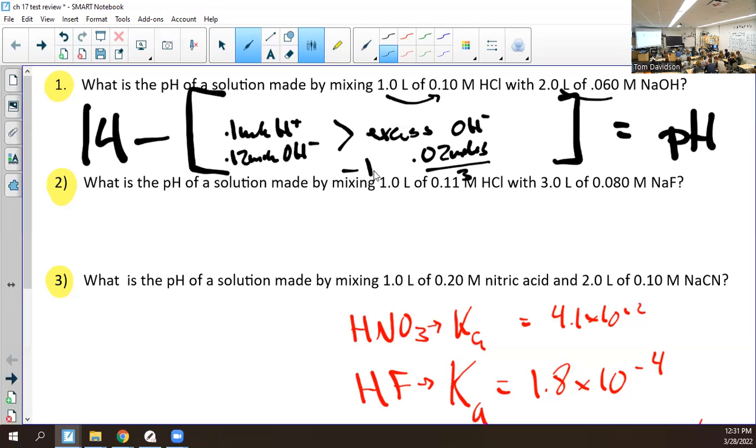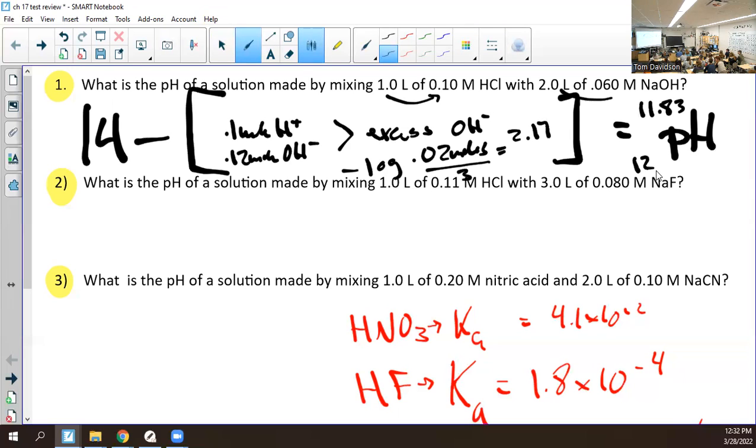So I'm going to just say the negative log of 0.02 divided by 3. All right, and that equals 2.17, which, all the way over here, I warned myself I had to subtract from 14, and that ends up to be 11.83. You've got to know that I typed this one and I'm pretty lazy.